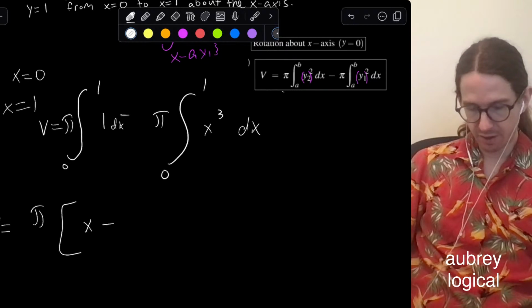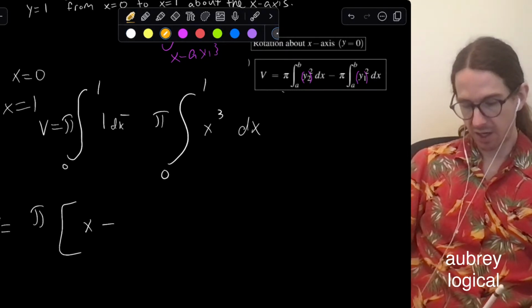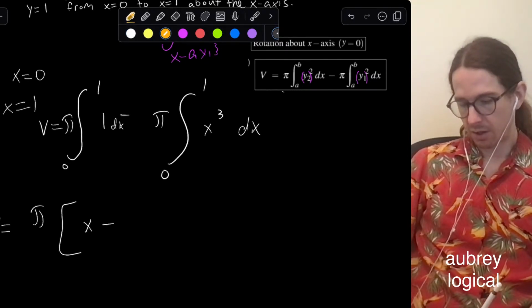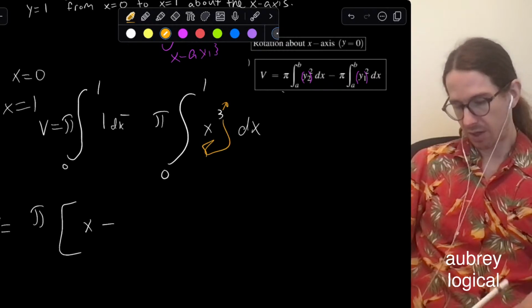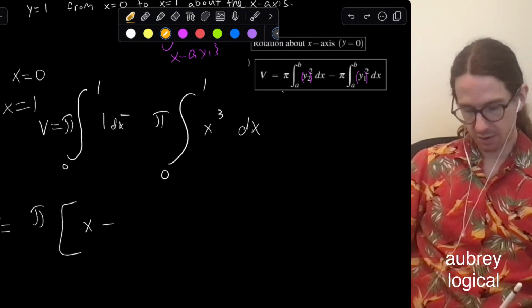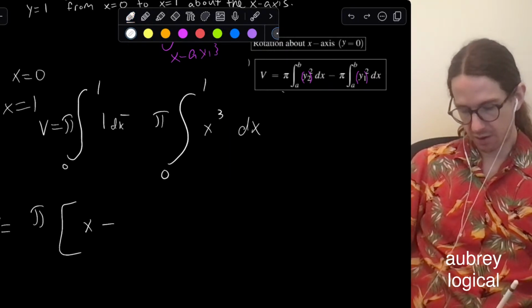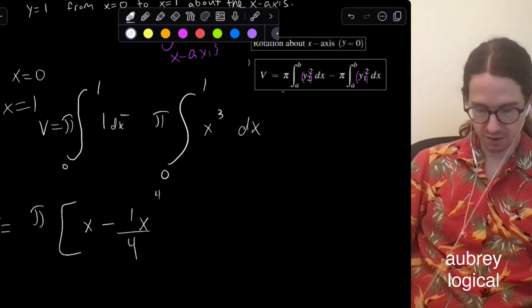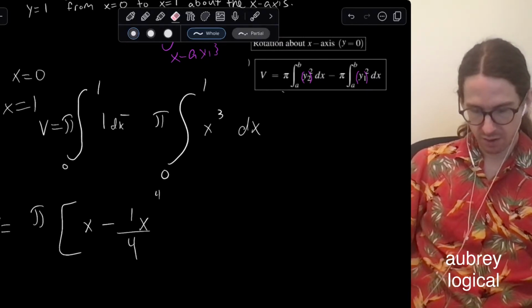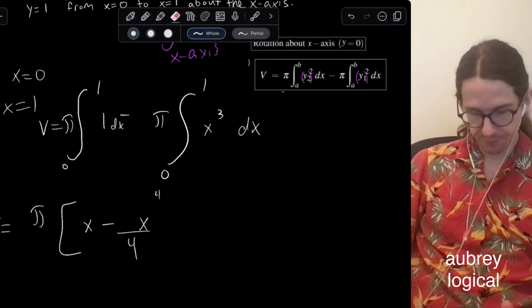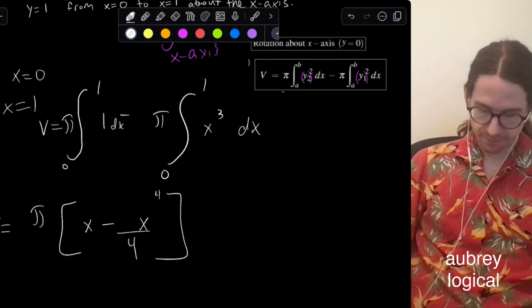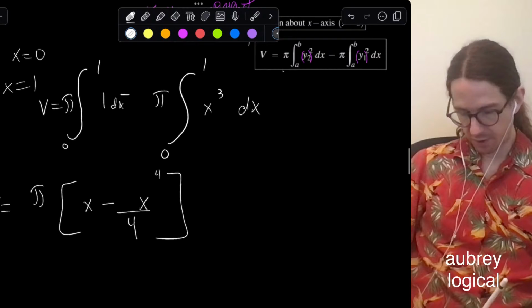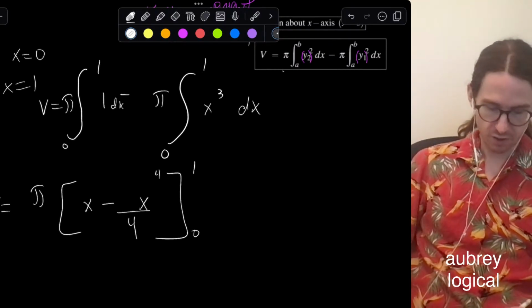X cubed antiderivative. Hopefully we know this by now. Increase by 1. Divide by the new number. So x to the fourth. So we're going to divide by 1/4. So I don't need to write that. That's fine. Okay. And we're going to solve from 0 to 1.